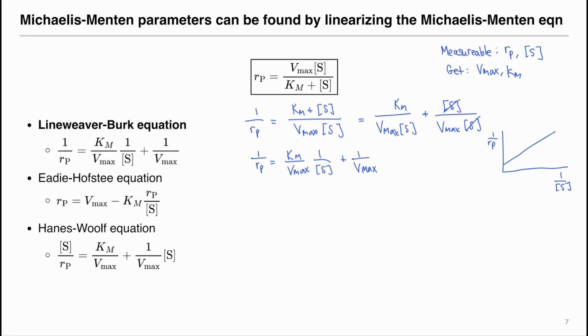That is because this is the y term, this is the x term, and here we have the slope, and here we have the y-intercept. So the slope is equal to Km divided by Vmax, and the y-intercept is 1 over Vmax. So we can first solve for Vmax, then we can get K of M. Let's label this Lineweaver-Burk.